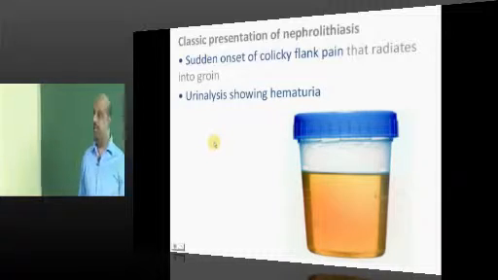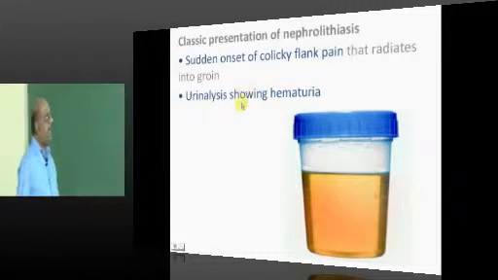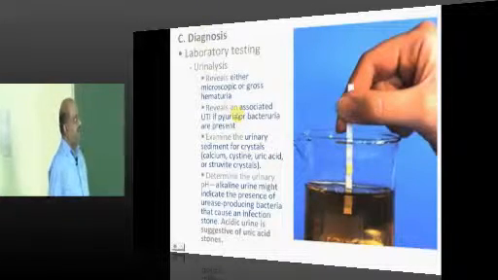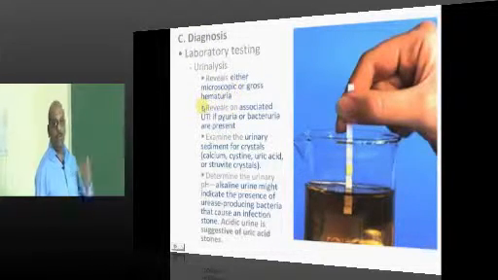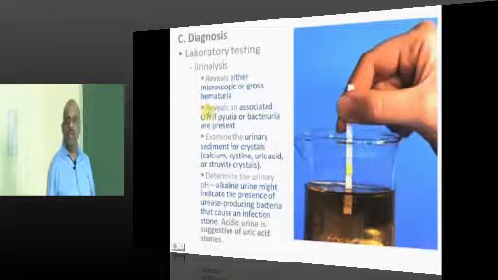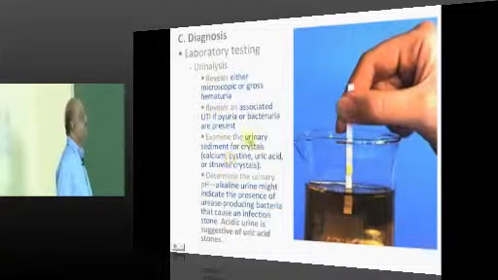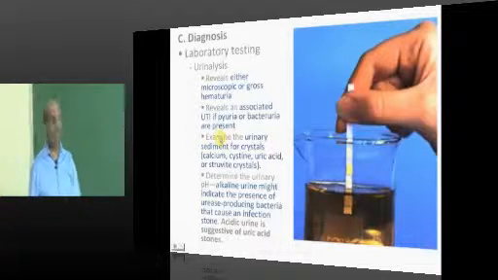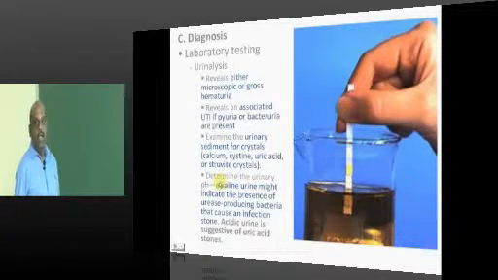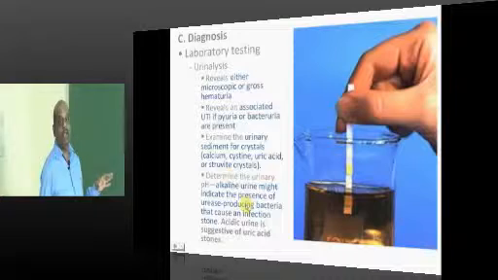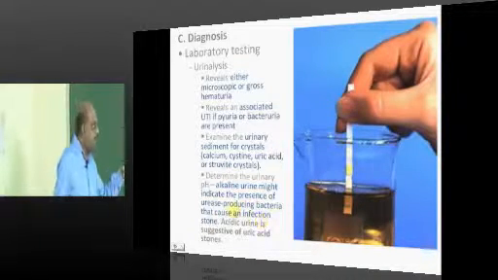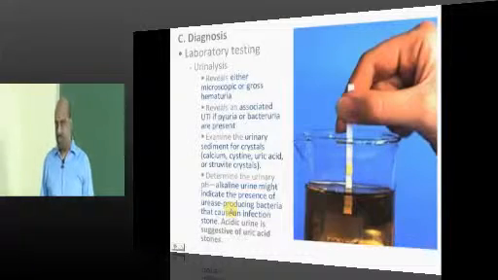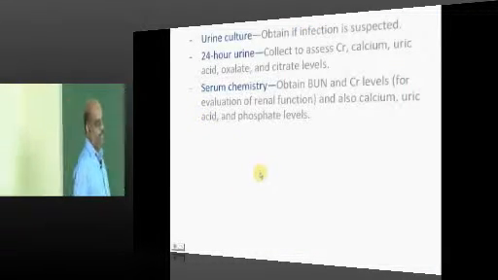So there is a sudden onset of colicky flank pain, and urinalysis will show hematuria, which can be either microscopic or gross depending on where the stone is located and how much injury it is causing. It can lead to bacteriuria and pyuria because of an underlying infection, and if you check the pH and there is an alkaline urine, then think of struvite stones, which are very common in an alkaline milieu.